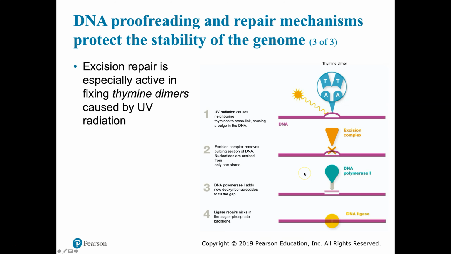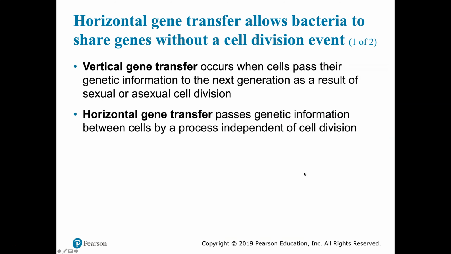Okay. So we've gone through mutations, we've gone through transcription, translation, we've mentioned it. Now I want to talk a little bit about how bacteria get genetic material that's extra.